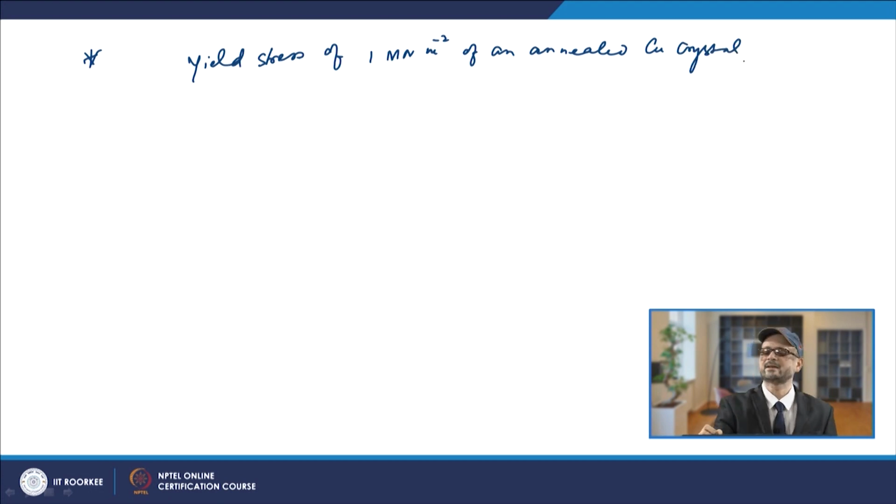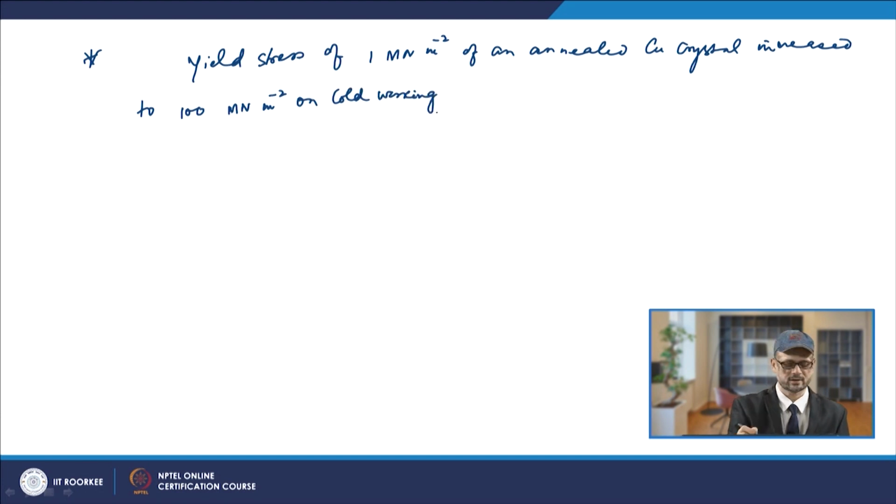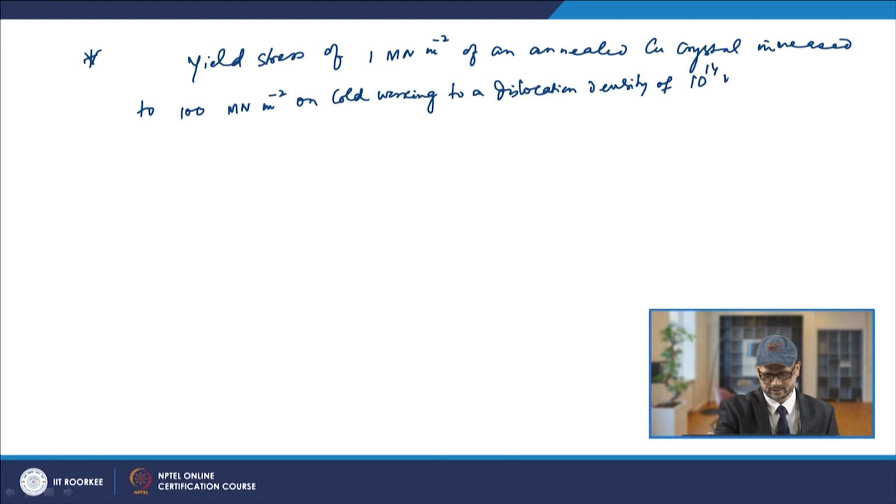Now, if that increased to 100 mega Newton per meter square on cold working, to a dislocation density of say 10 raised to the power 14 per meter square.